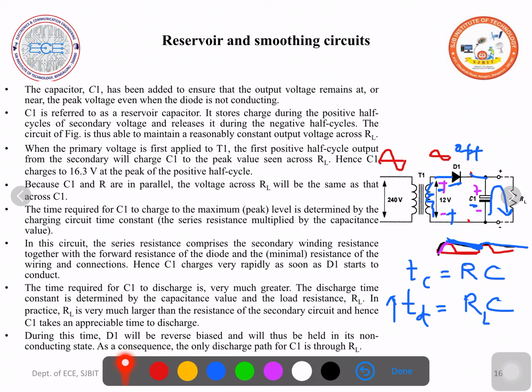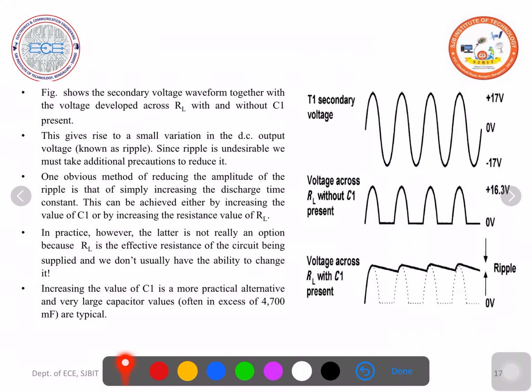When the primary voltage is first applied to the T1, the first positive half cycle output from the secondary will charge the capacitor to the peak value. Hence the C1 charges to 16.3 volts. Because C1 and RL are in parallel, the voltage across RL will be the same as that of C1. Across RL also you will get 16.3, the peak voltage.